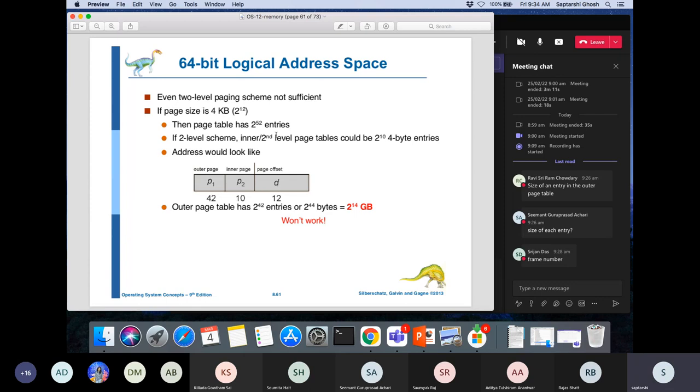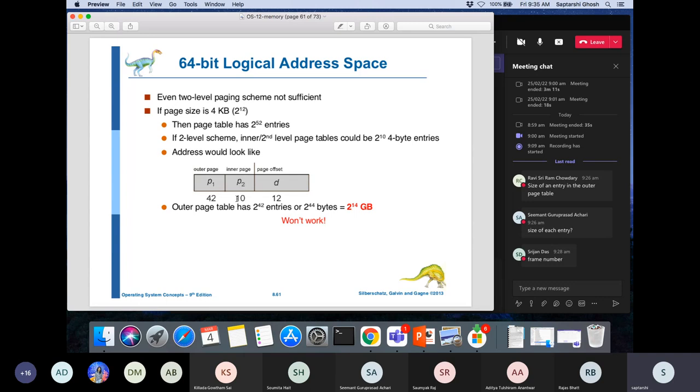So if you think of the logical address space, which is now 64 bits, this D is within the data page, so it's 12 bits. For the inner page table, we know that there are 2 to the power 10 entries.